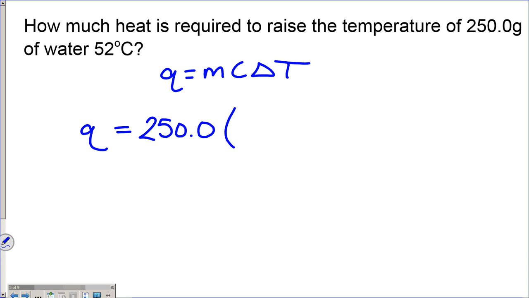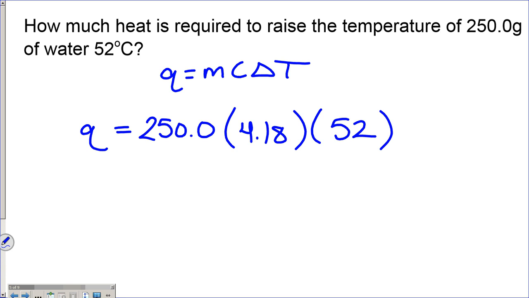Our C, our specific heat for liquid water, is 4.18 joules divided by grams times degrees Celsius. And then our change in temperature, it told us that the temperature raised 52 degrees Celsius. So it has already subtracted that for us. So we do not have to do our final minus our initial.